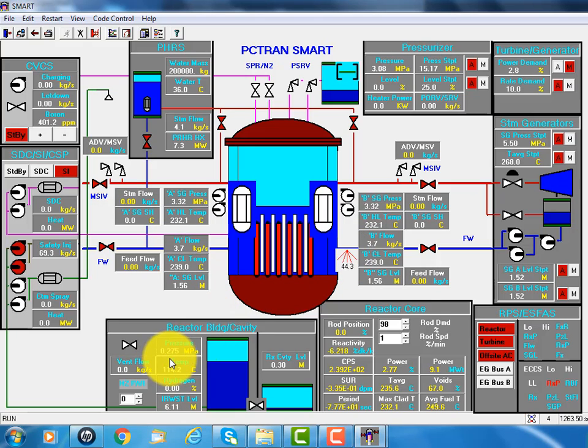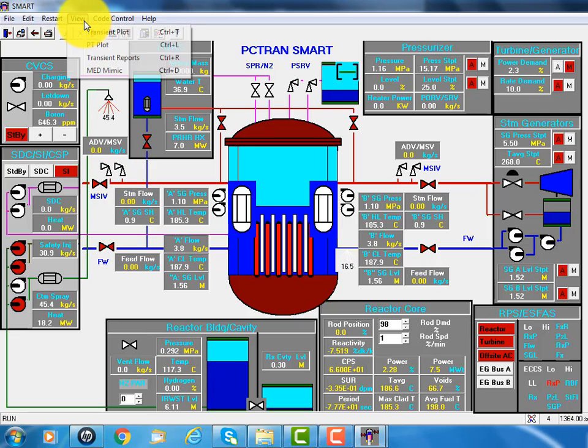See, now the pressure inside the containment is 0.28. That's about 2.8 times atmospheric pressure. Soon the containment spray will also turn on, and that will spray into the containment to reduce the pressure. You see the pressure is going down now.